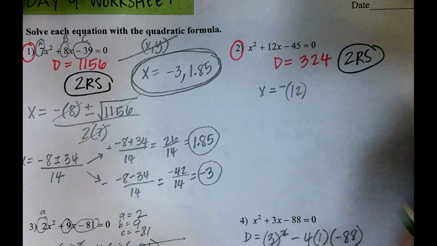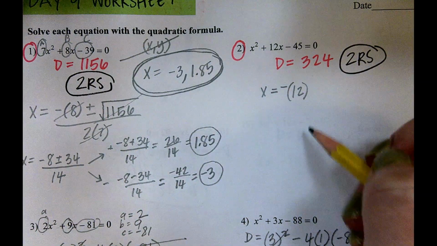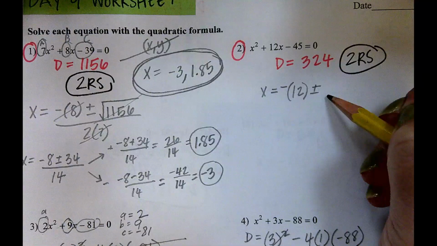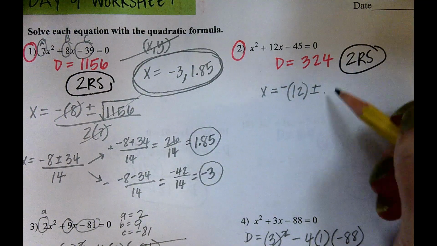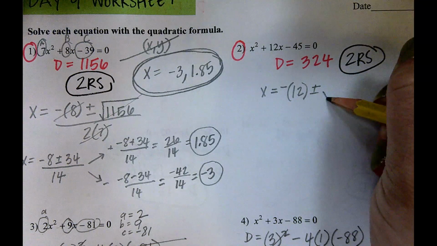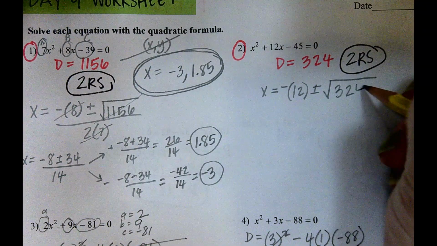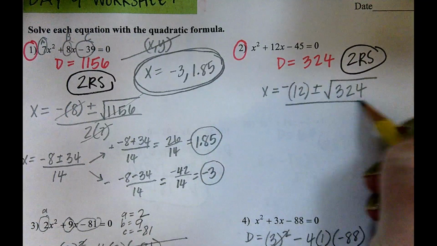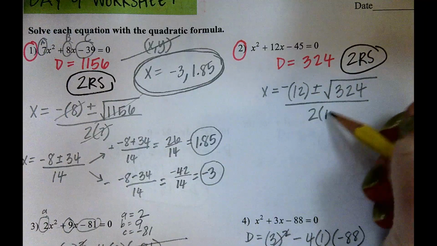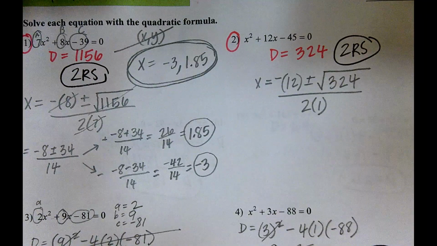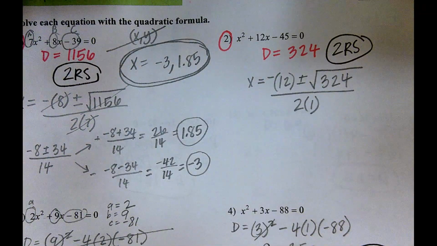Were you doing the discriminant first? Okay, no. That's okay. Plus minus 324, and it's the square root. Square root. Good, good. Over 2. Good. 2 and 1. Okay, perfect. So what did you do next, Mia?